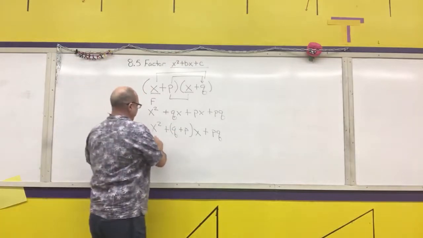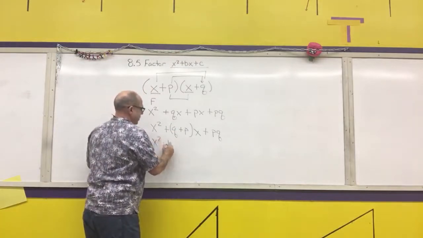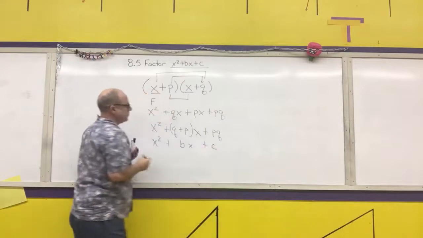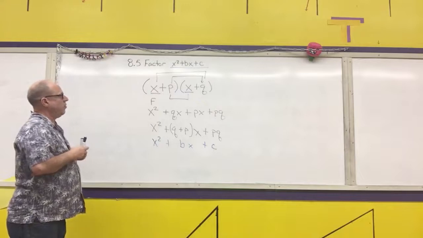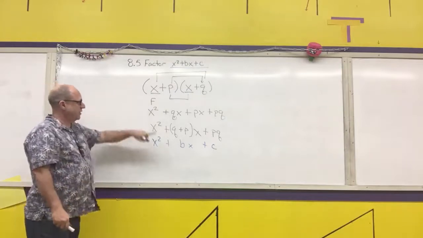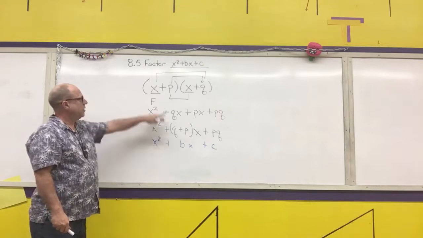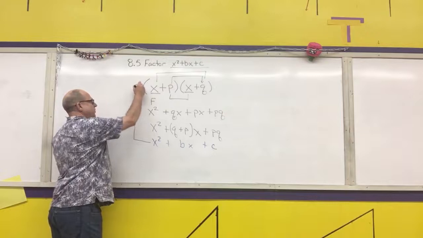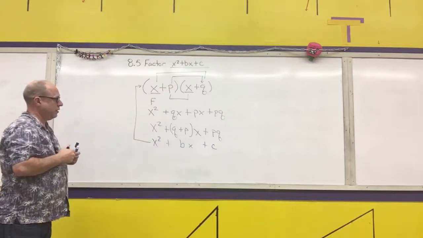So the top form is x squared plus bx plus c. And our goal today, over the next 2 days actually, is to take things that are in this form and to turn them into two linear factors in this form.